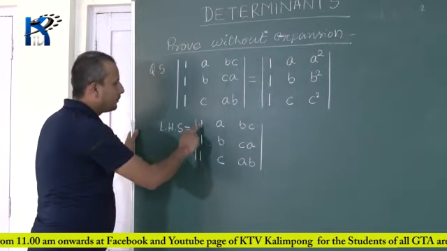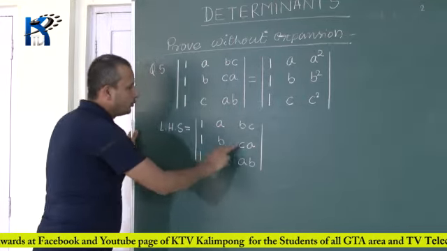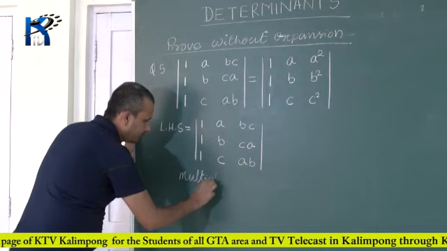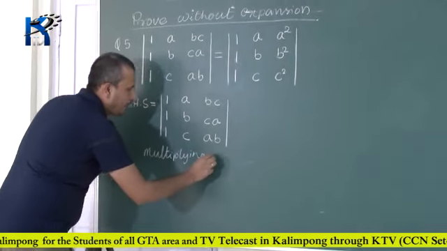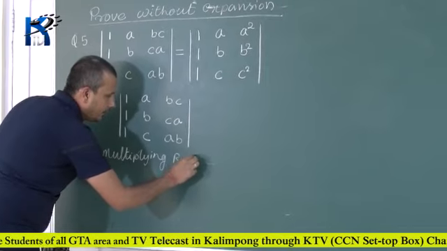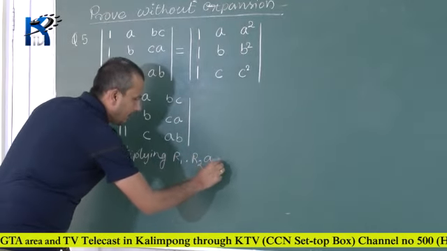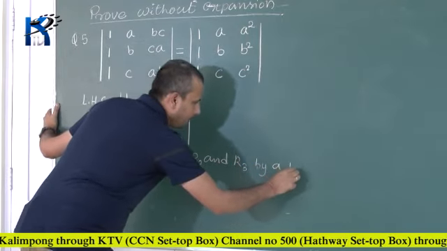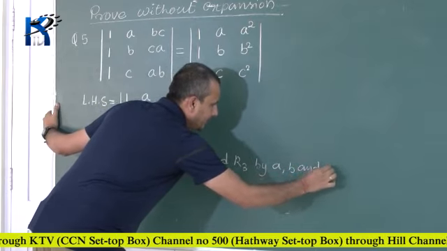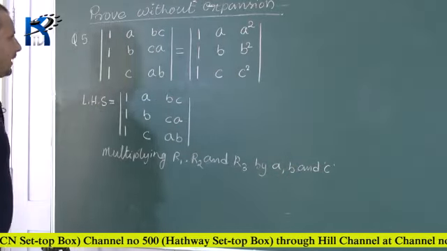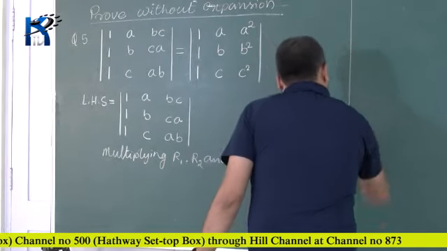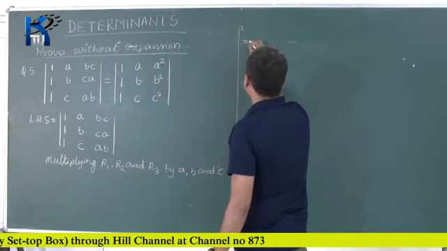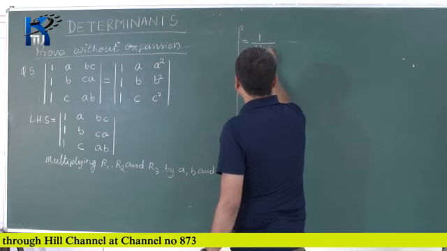I'll multiply row 1 by A, row 2 by B and row 3 by C. If you multiply by any constant quantity, then with the same quantity you have to divide the determinant. That means I am going to divide the determinant by ABC.